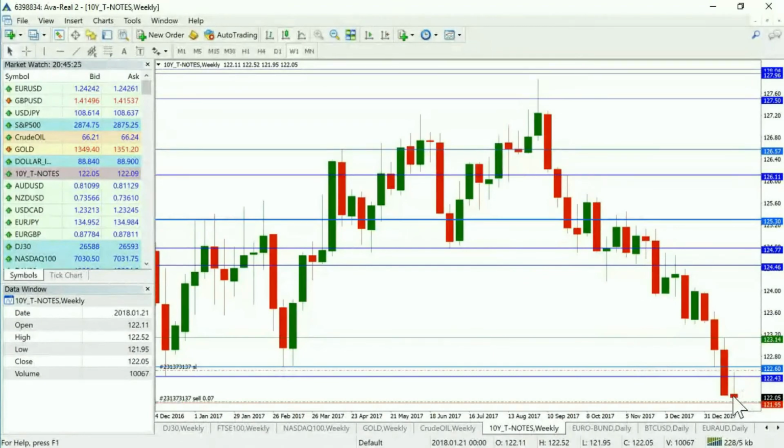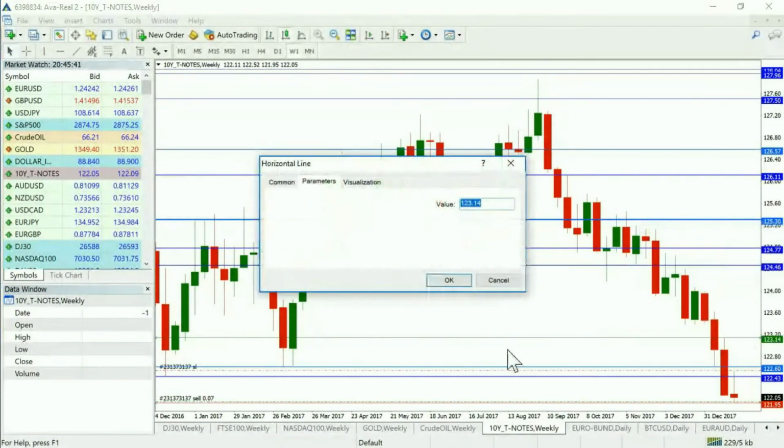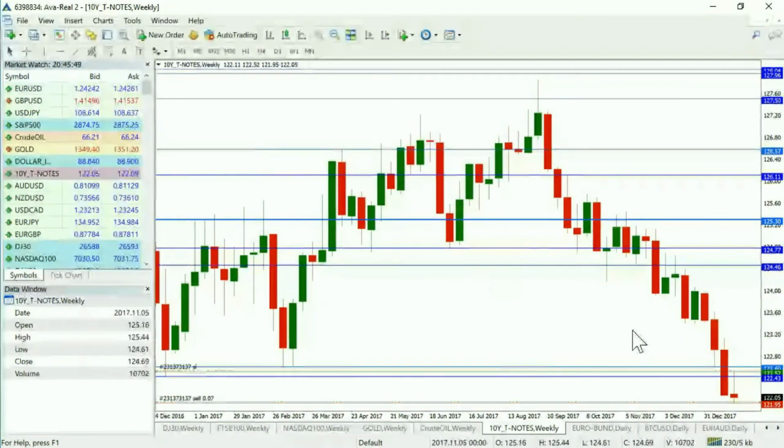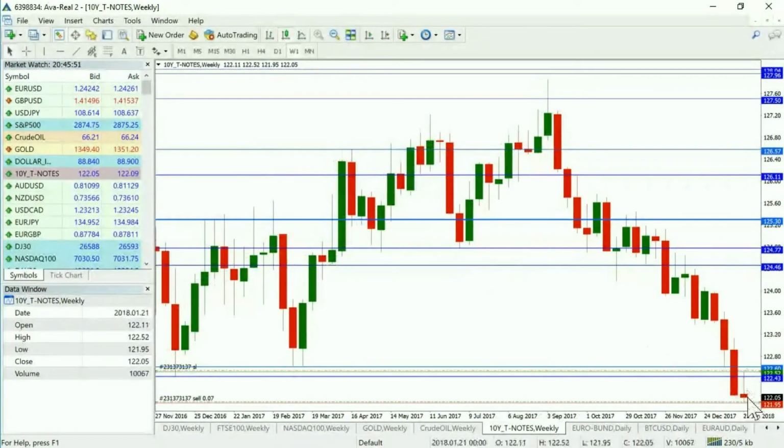So if we get that continued break to the downside, then we'd look to mitigate much of this risk as quickly as we can. So the high is the 122.52 level. 122.52. Right. So those are the weekly highs and the weekly lows in the 10-year note.